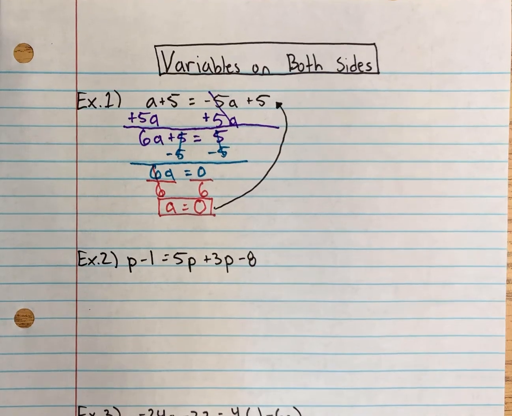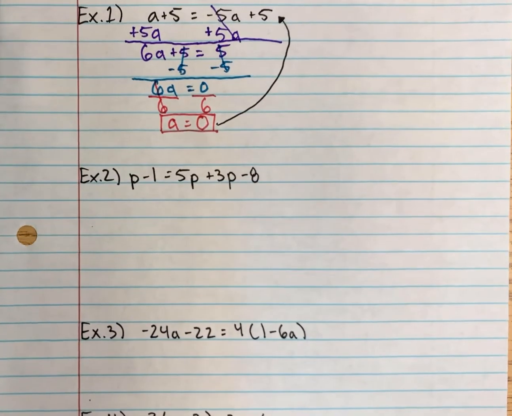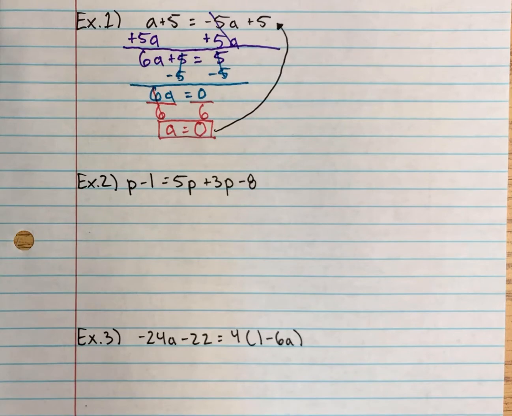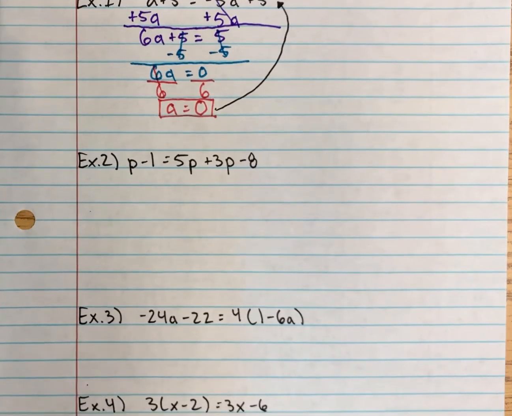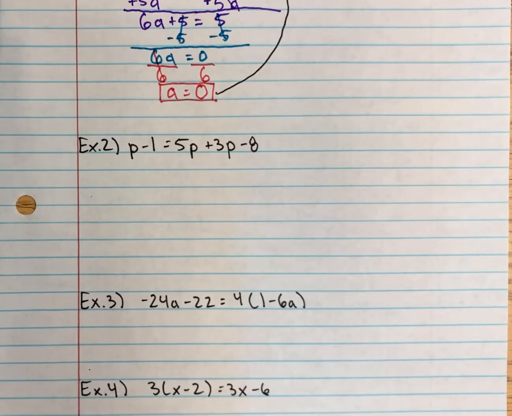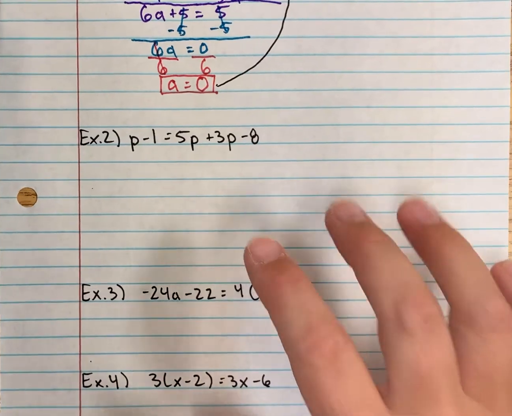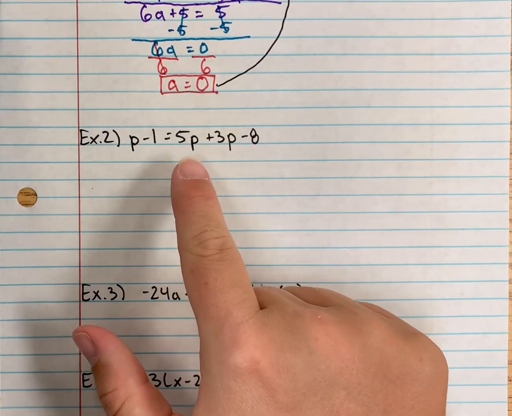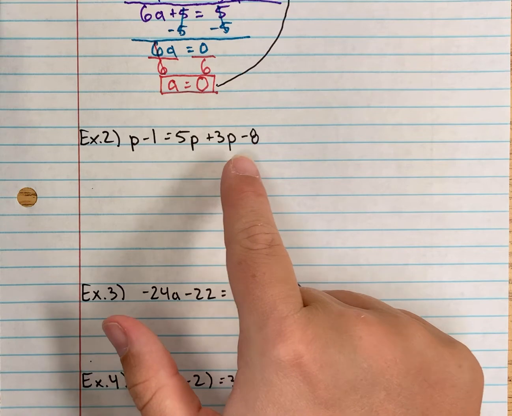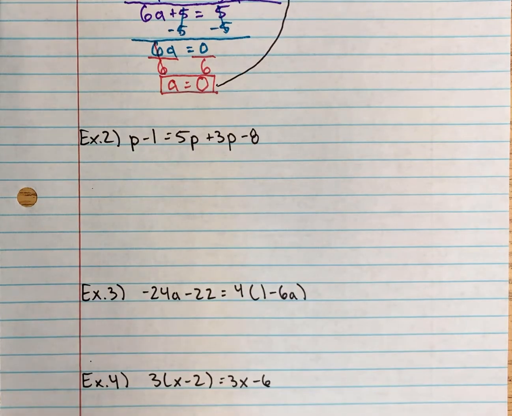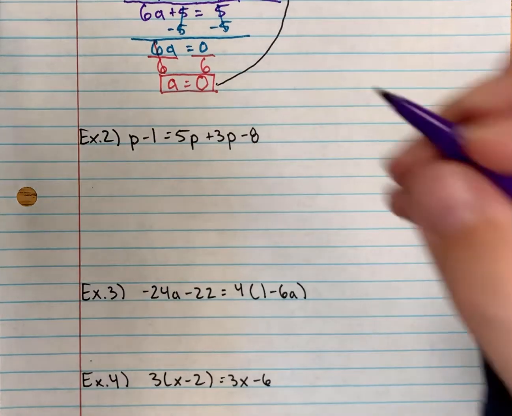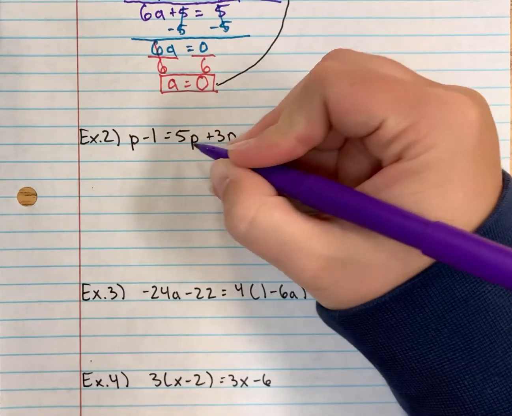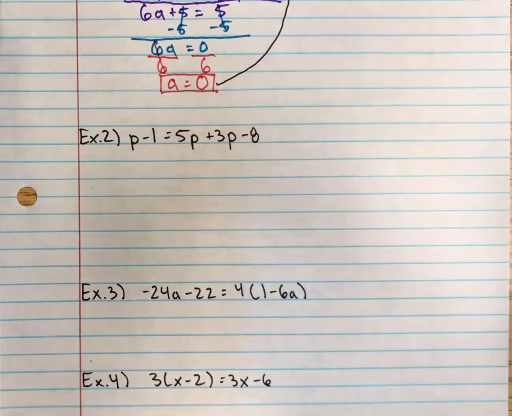Let's take a look at example 2. Example 2 is a little different. So with example 2, we have the equation p minus 1 equals 5p plus 3p minus 8. Okay, your first step here, guys, the first thing you have to do is combine like terms on the same side first.